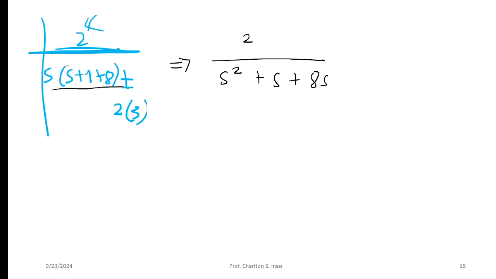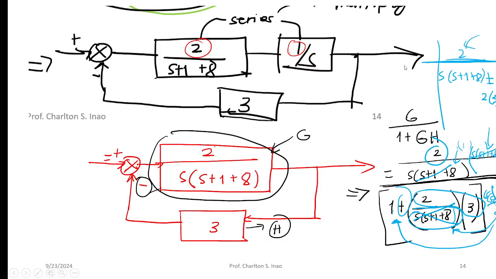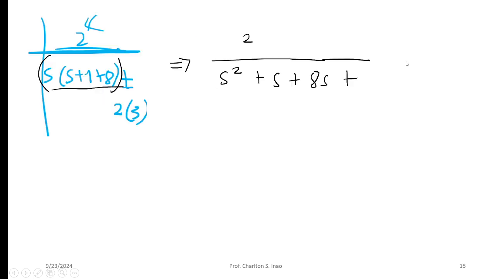Then it is separated by plus sign, so plus 6. Is that the 6? Plus 6, right?